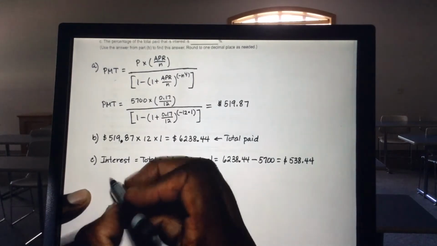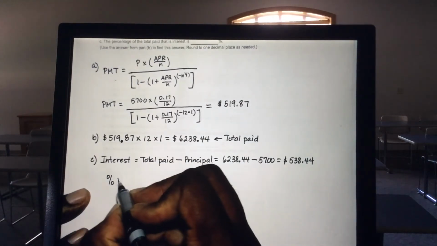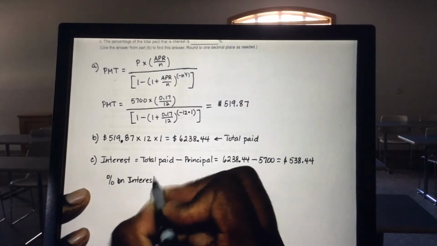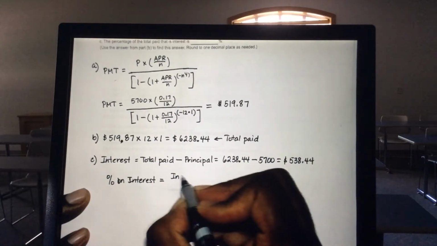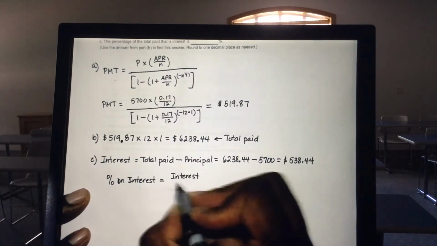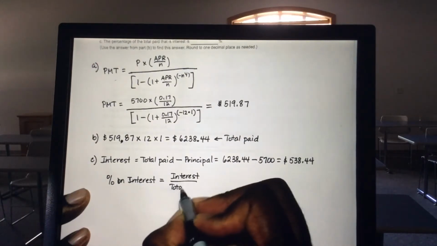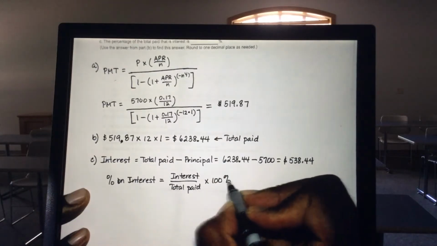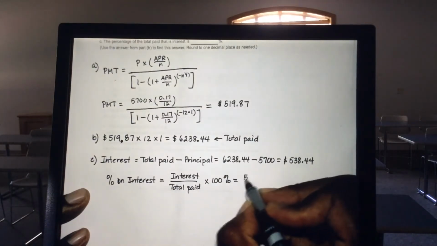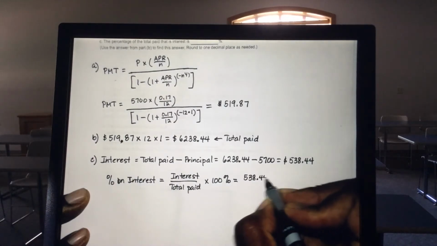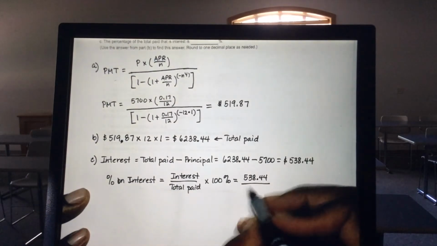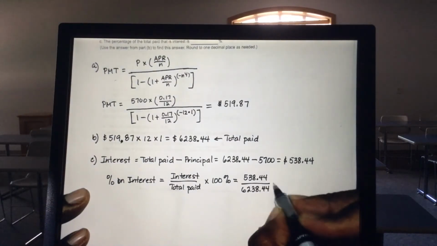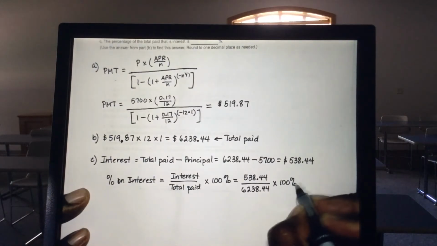Okay. So now the percent that is going towards interest, that's the amount of the interest divided by the total that was paid over that 1 year on that credit card multiplied by 100%. So we got $538.44, that's the interest, divided by the total paid of $6,238.44 multiplied by 100%.